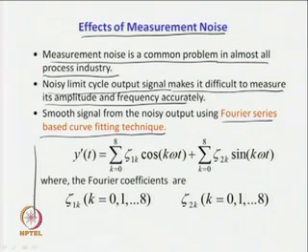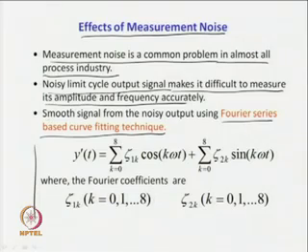It is essential to measure accurately amplitude and frequency of the limit cycle output or the sustained oscillatory output signal, because based on that only we do have analytical expressions or explicit expressions to find parameters of a dynamic model. So, we have to go for some smoothing technique using Fourier series.